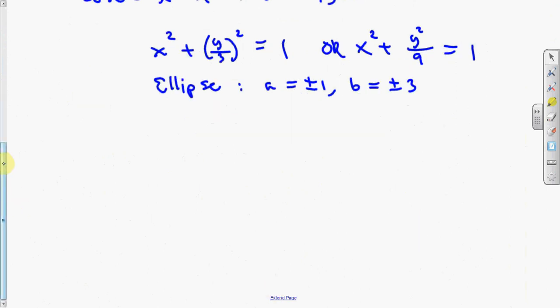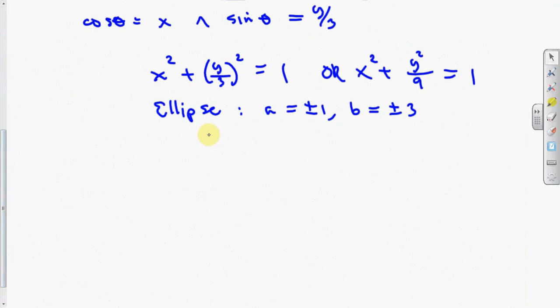Yes, sir. Right. You remember that this is x squared over a squared plus y squared over b squared is equal to 1 for the equation of the ellipse.